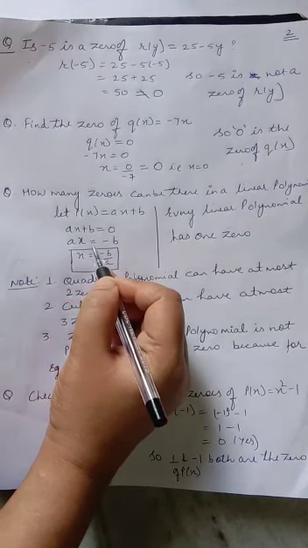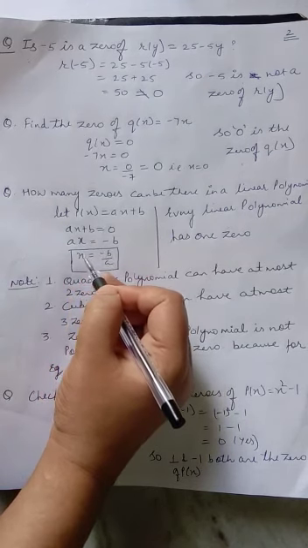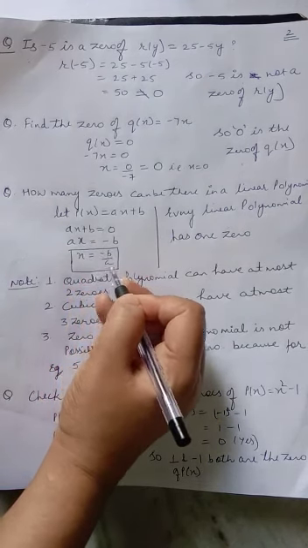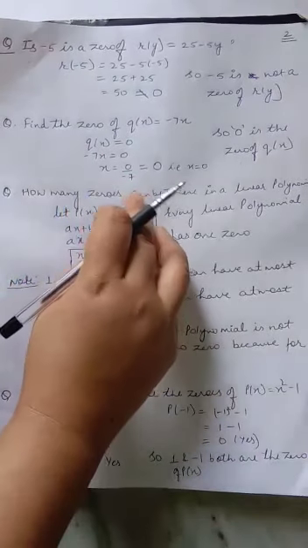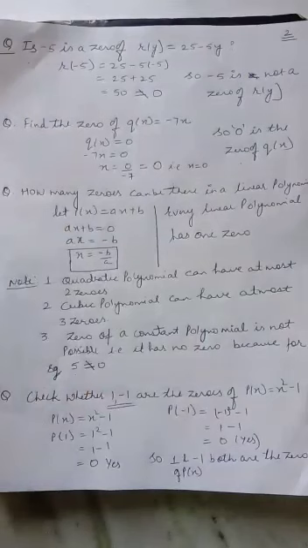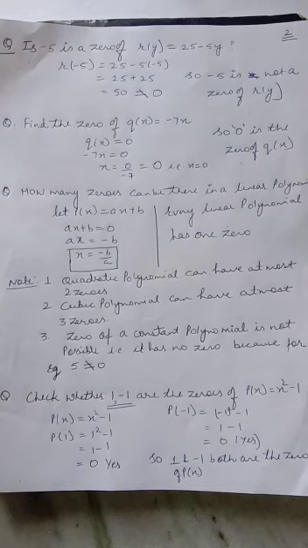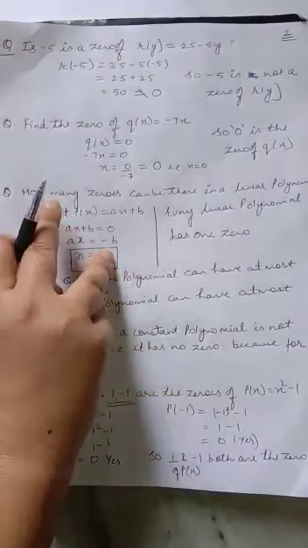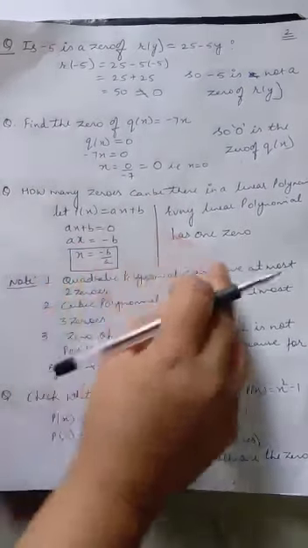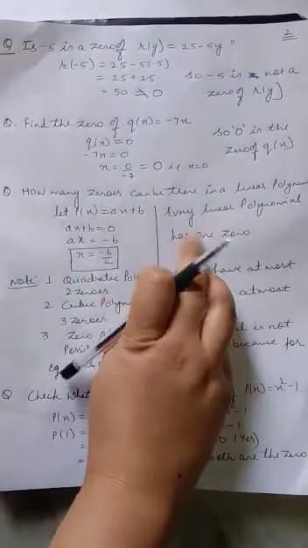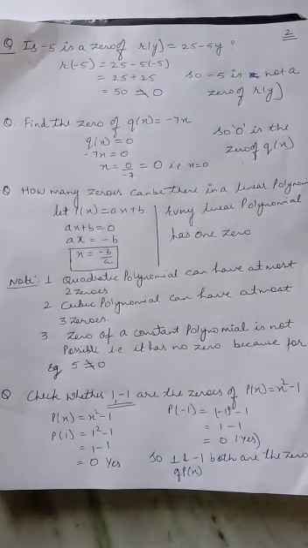So ax is equal to minus b. So x is equal to minus b upon a. So this polynomial ax plus b will become 0 on substituting x equal to minus b by a. So now the question was how many zeros can be there. So we have got the answer 1. So every linear polynomial has 1 zero.